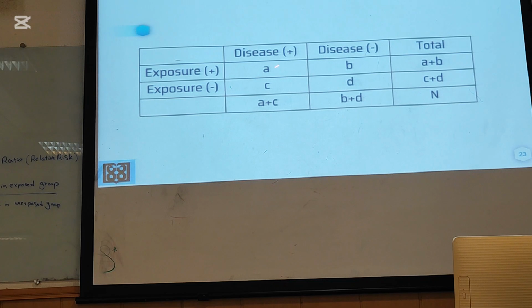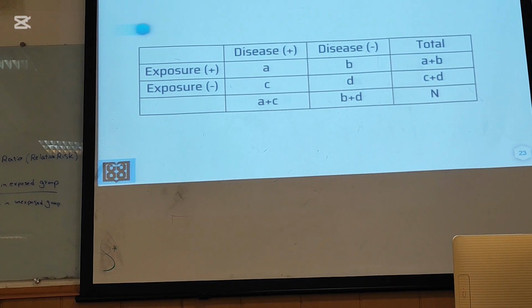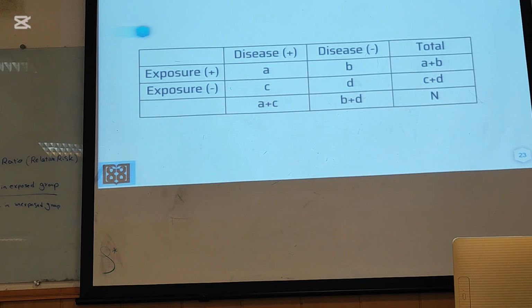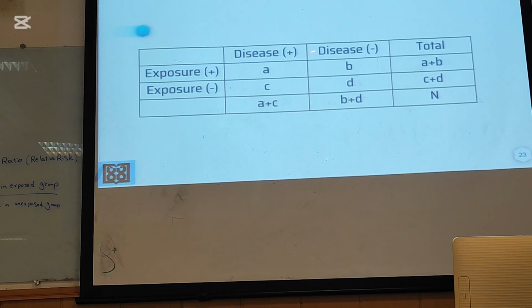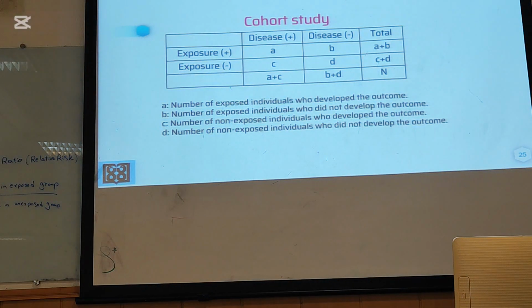Okay? Because for making the process easier, imagine that we want to assess an association between a binary exposure and a binary outcome. Based on this imagination, we have a 2x2 table, and A, B, C, D, and you correctly interpret this table.